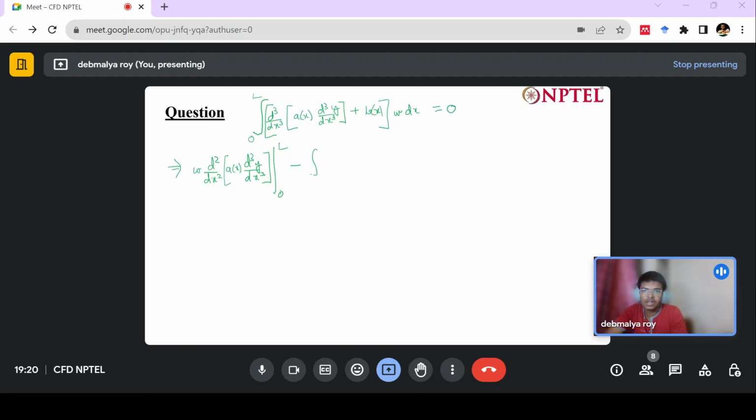Minus, we will have the second term of the by parts. This will be dw/dx. So note, w has gained an order of differentiation, whereas the other term has lost an order of differentiation.